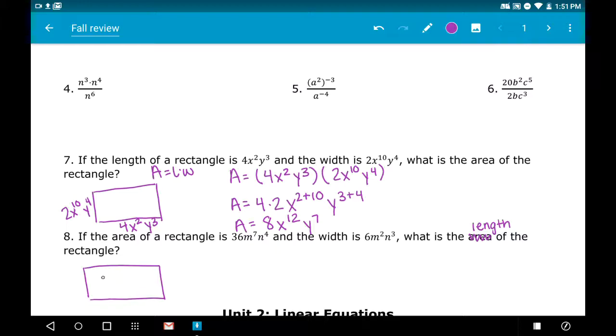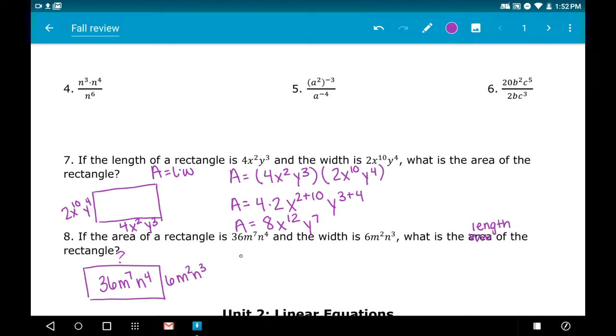So we know our area, so everything inside is 36 m to the 7th n to the 4th. And we know our width is 6m squared n to the 3rd. So we want our length. So instead of multiplying this time, we need to divide.